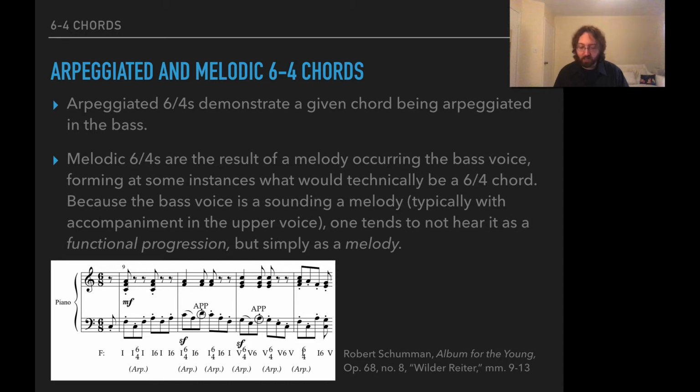For instance, in Schumann's Album for the Young, here we have the Wild Rider. Here the bass voice is functioning as the melody, and the right hand is definitely functioning as harmonic support.